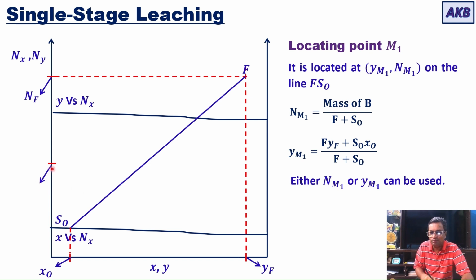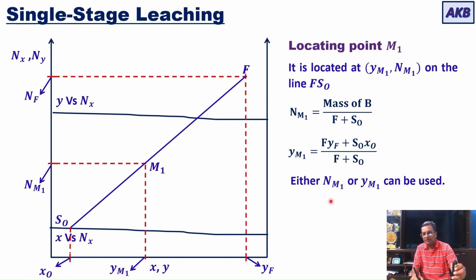Nm1 will be located on the y-axis. After locating it, go to the line F S0 where the intersection occurs. That will be nothing but point M1. And the x coordinate of this point will be nothing but Ym1. So, you can use either Nm1 or Ym1 for locating the point M1.